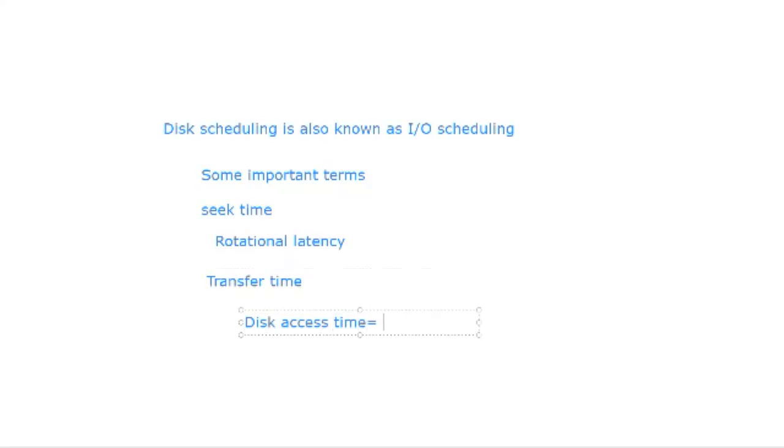Disk access time can be written as seek time plus rotational latency plus transfer time.